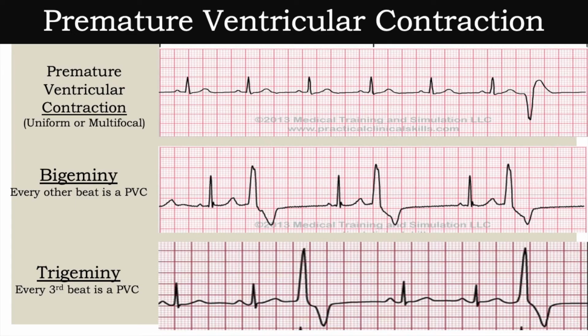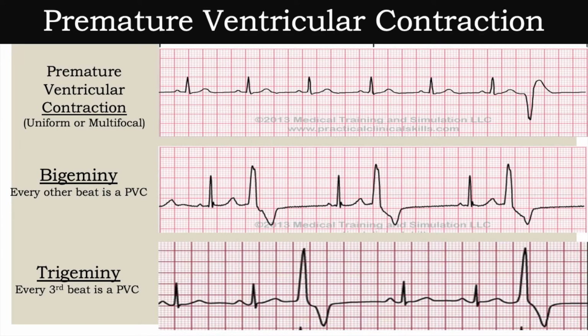Uniform or multifocal: uniform means that the PVCs look exactly the same, and multifocal means that they don't look the same. One could be up, one could be down. It just looks random. Bigeminy and trigeminy tell you what beat this is occurring on.